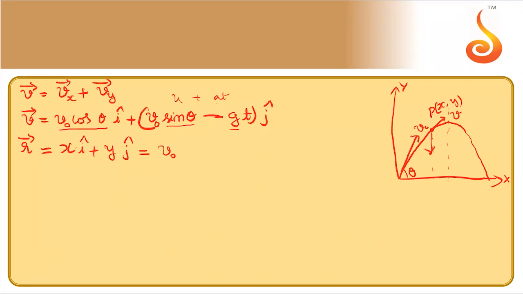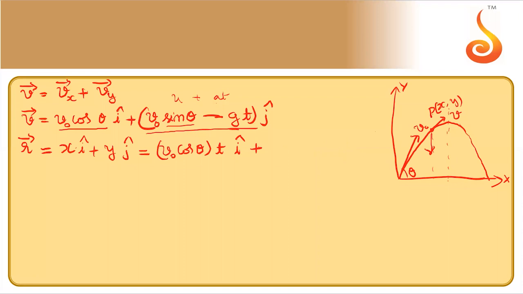The horizontal component of velocity is v0 cos theta, into time taken t, into i cap, plus the vertical component of velocity into time taken, v0 sin theta minus g t, into t, into j cap. Here in the vertical direction there is acceleration.